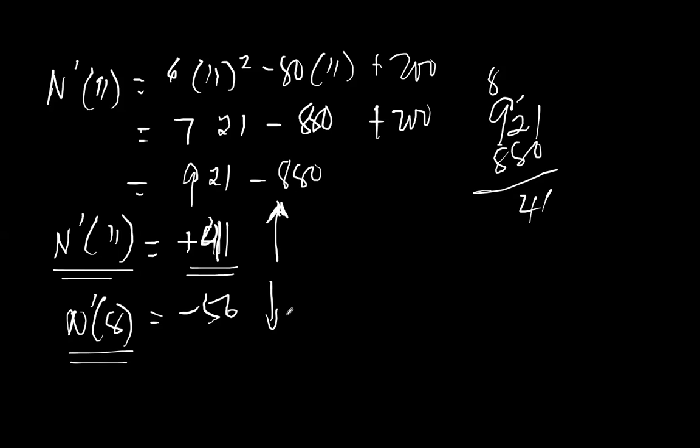That's what it means. That's how we use the derivative. We can easily identify the rate of change of a given function or situation at a specific time. So we're done with example number 3.